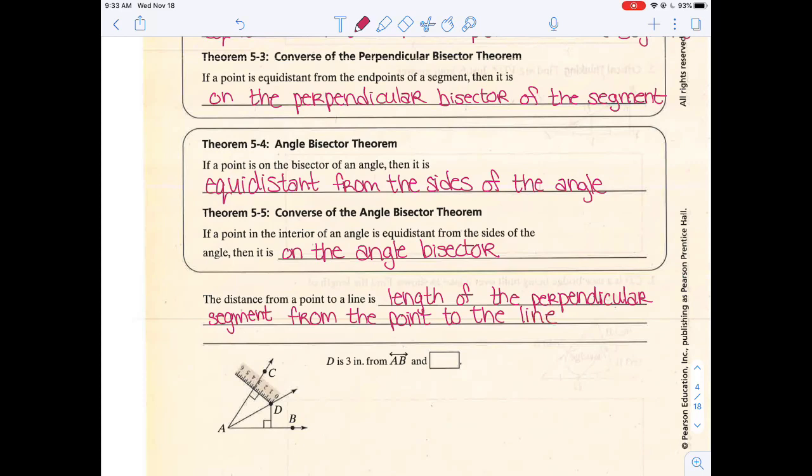So it has to be perpendicular. Like here they make 90-degree angles when they're finding the distance. So in this one, point D is 3 inches away from side AB and side AC.